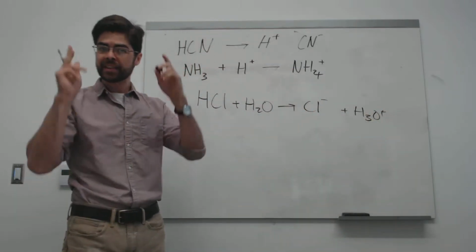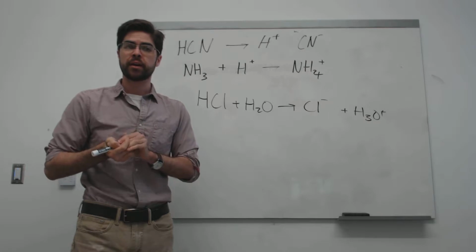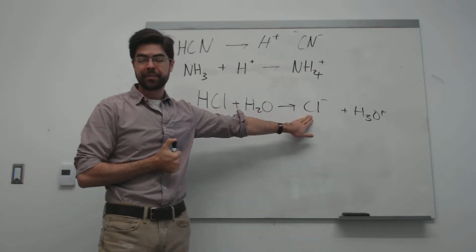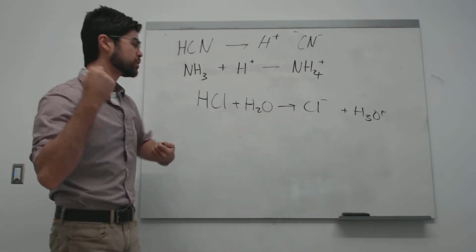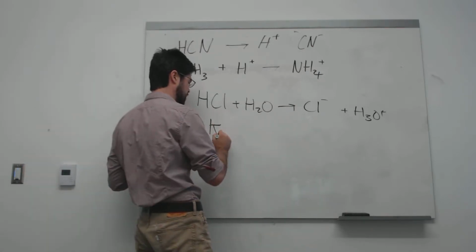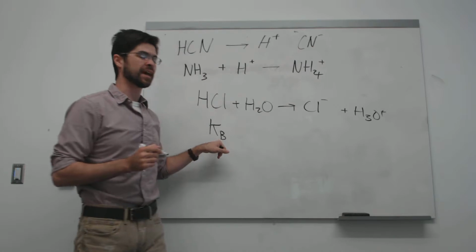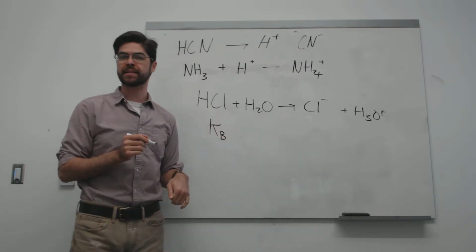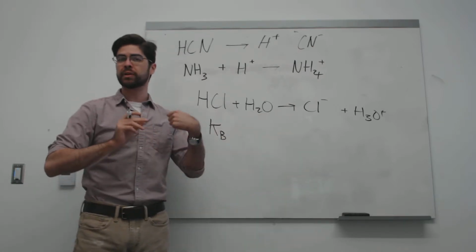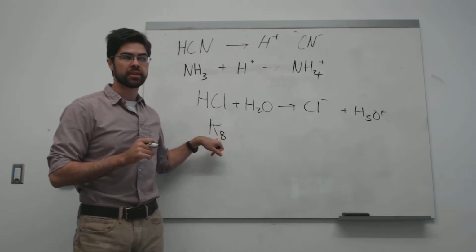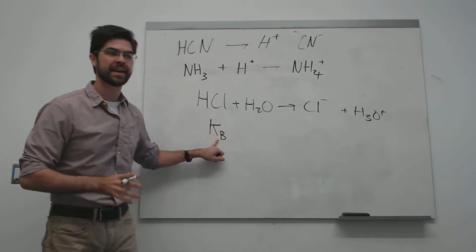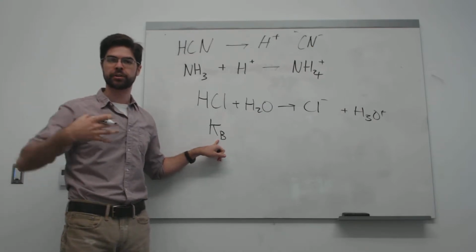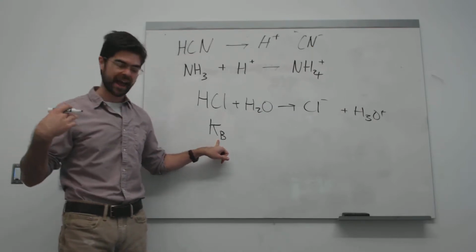We don't normally think of it like a base because its basic character is very, very poor. So you can talk about the Kb, its tendency to behave as a base. And there is a relationship between the basic character of a conjugate base and the acidic character of something's conjugate acid.